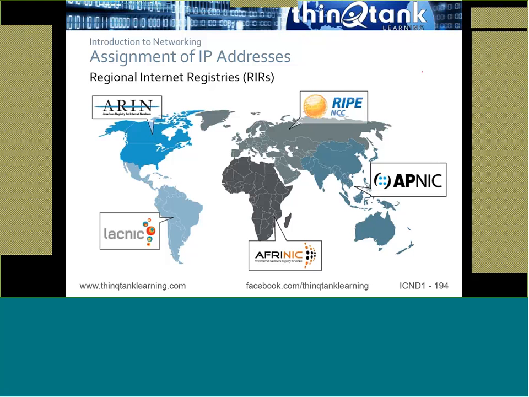So here's how it works. These regional Internet registries get allocated blocks of addresses from the IANA. The regional Internet registries then allocate addresses to customers, service providers typically. Then the service providers allocate addresses from their blocks to their customers. It's a hierarchy.